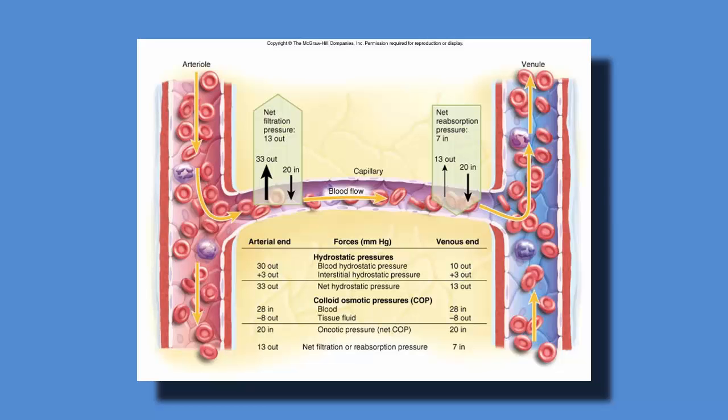As blood enters the capillary from a metarteriole, the blood hydrostatic pressure is around 35 millimeters of mercury, and the colloid osmotic pressure within the blood is lower than this. And we know that the interstitial hydrostatic pressure and the interstitial colloid osmotic pressure are both minimal.